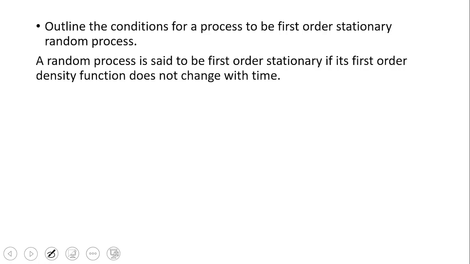Outline the conditions for a process to be a first order stationary random process. A random process is said to be first order stationary if its first order density function does not change with time.